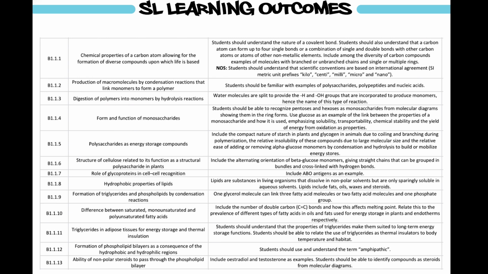We then looked into triglycerides and their roles as both long-term energy storage molecules and with respect to other properties such as thermal insulation. And then we looked into how phospholipids are a consequence really of their amphipathic nature, or the fact that they're both hydrophobic and hydrophilic. And then finally, that nonpolar steroids, because they're able to pass directly through membranes, some of these can actually act as really good hormones, such as testosterone or estradiol.